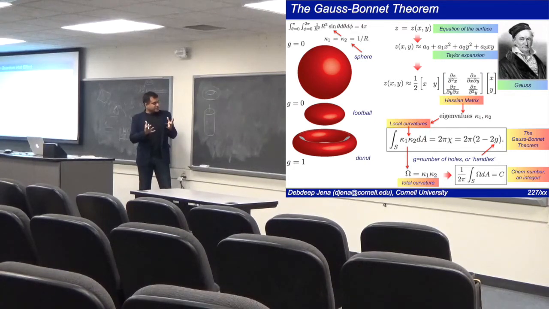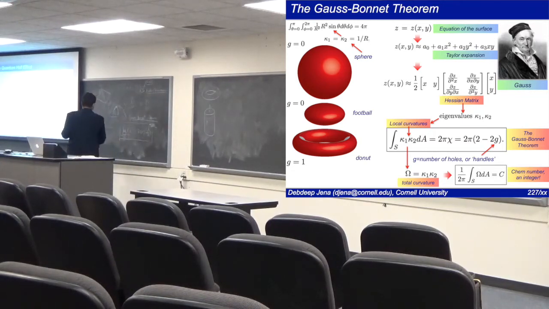Then if you take a flat surface and create anything out of it, you will always get a total curvature of 0. And conversely, if you start with a curved surface like a sphere, no matter how hard you try, you cannot make it flat. I think we know that, at least intuitively.